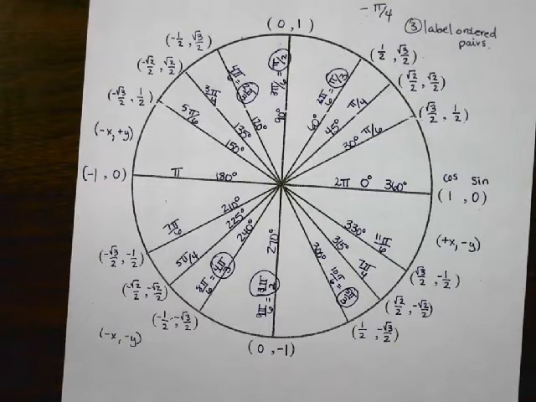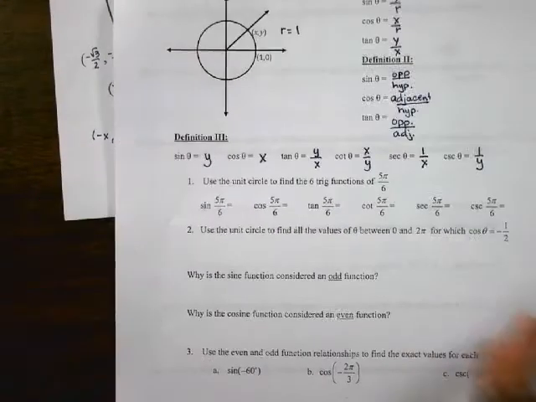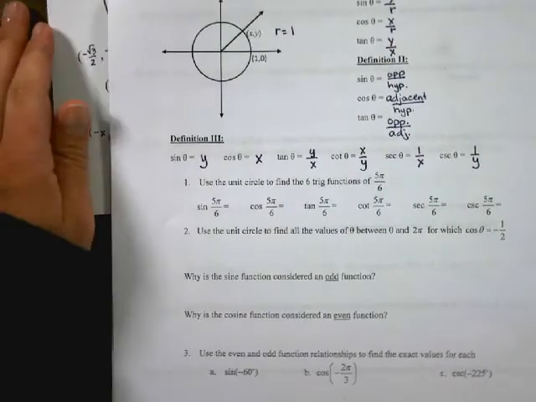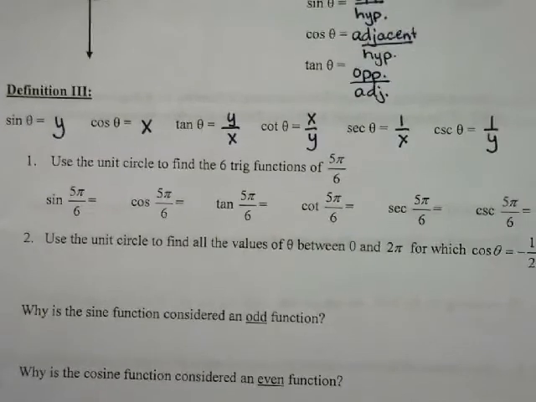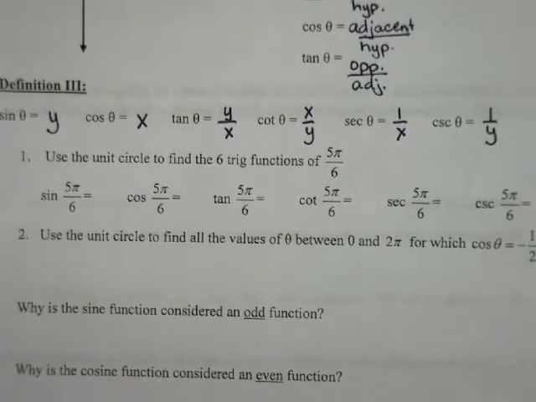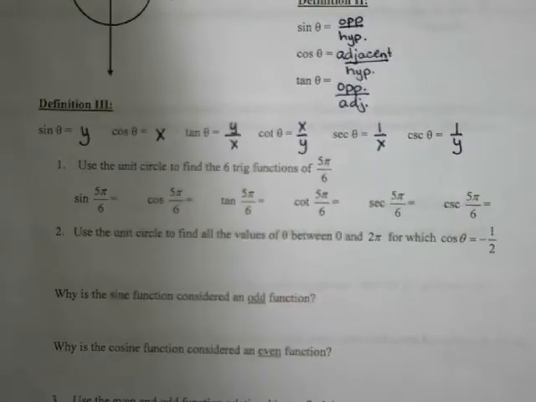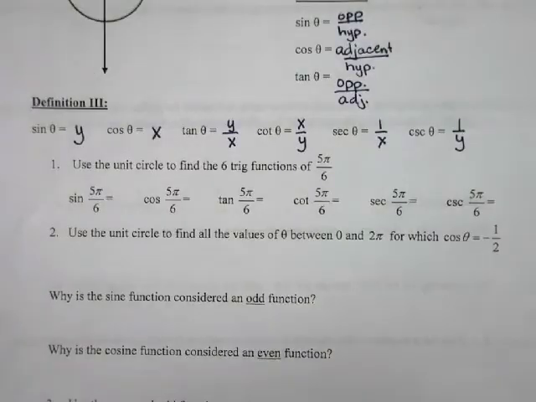Okay, let's now use this unit circle. Number 1 says, use the unit circle to find the 6 trig functions of 5 pi over 6. So look at your circle. Find 5 pi over 6.